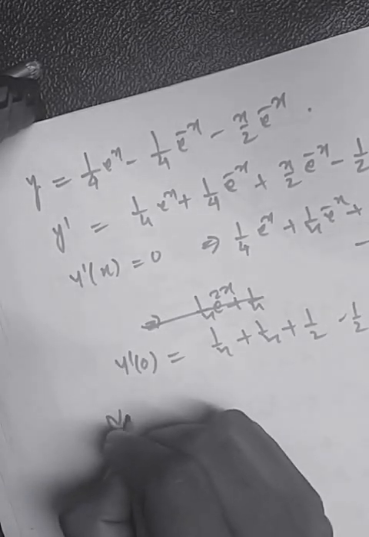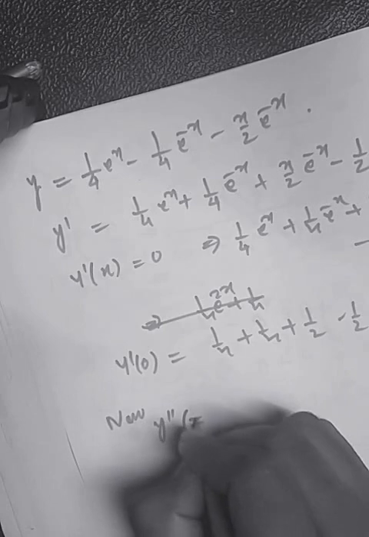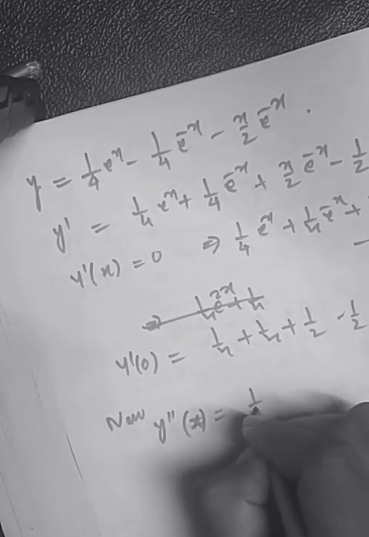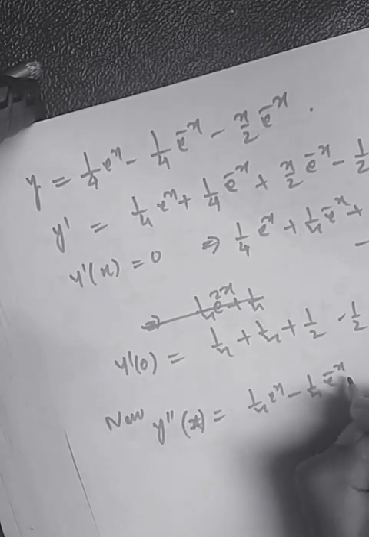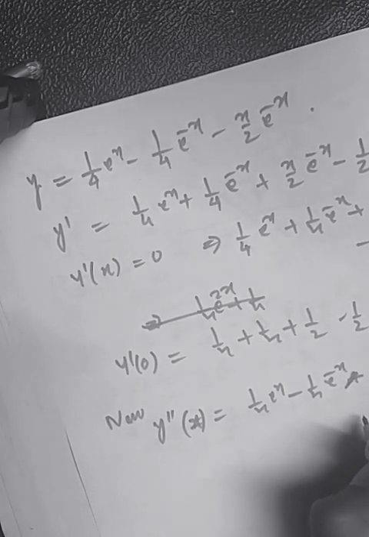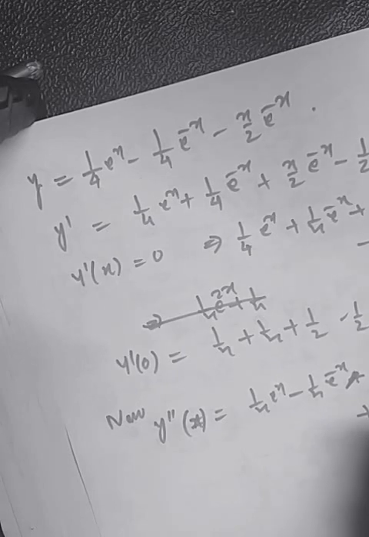So now y double dash of x is equal to 1 by 4 e to the power x minus 1 by 4 e to the power minus x plus x by 2 e to the power minus x minus x by 2 e to the power minus x plus half of e to the power minus x plus half of e to the power minus x.